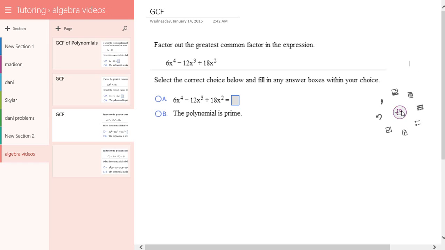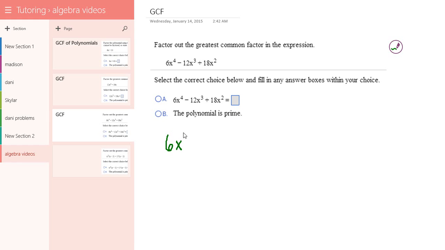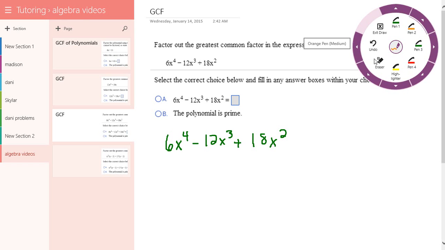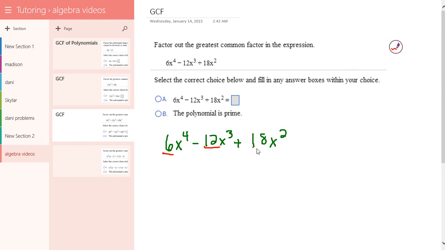This one seems to be a little bit more complicated, but it's the same principles. You just have more terms. 6x to the 4th minus 12x to the 3rd plus 18x squared. You want to find the greatest common factor of each one of the numbers. That number is 6.